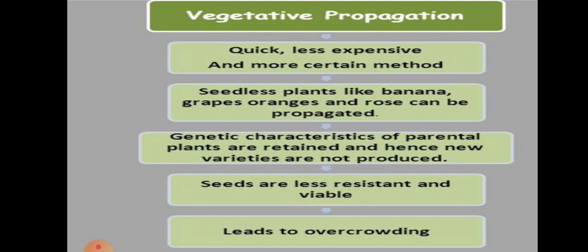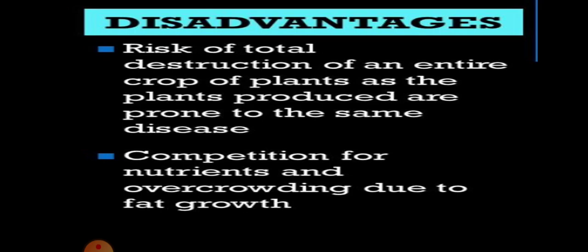Now let us see the disadvantages of natural vegetative propagation. There is a risk of total destruction of an entire crop of plants, as the plants produced are prone to the same disease.